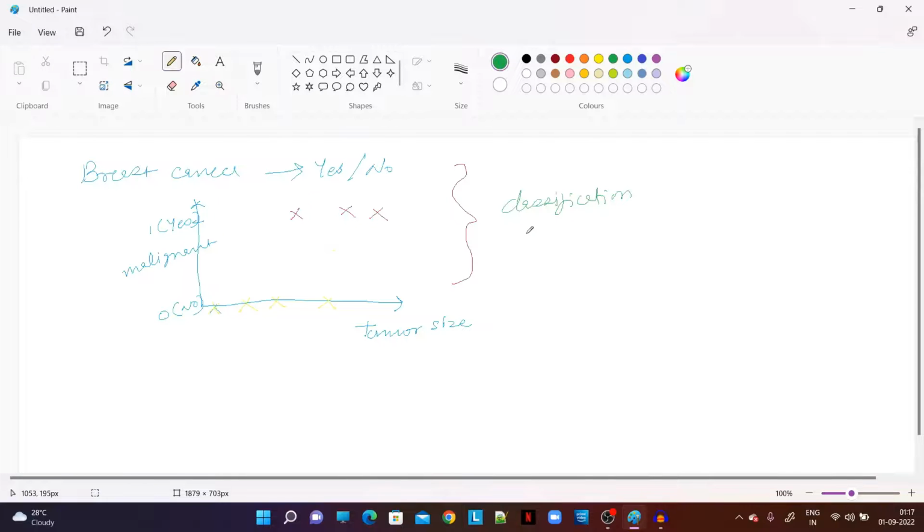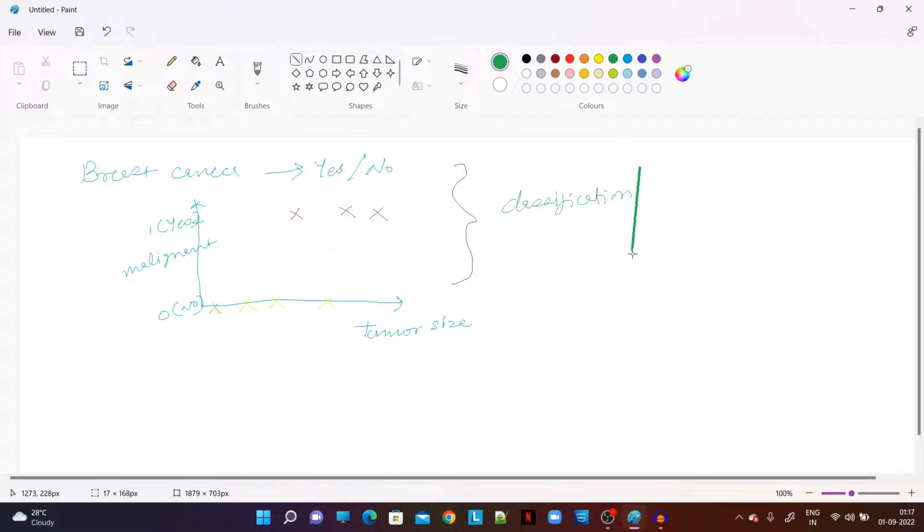So what if instead of tumor size, we could have had one more input feature, that is age? How would you show it? Suppose we have one more feature, age.